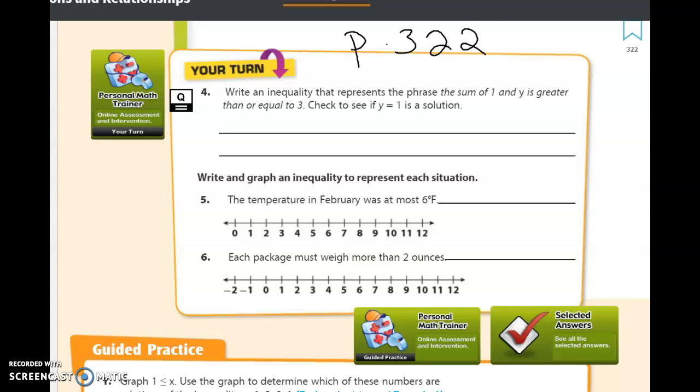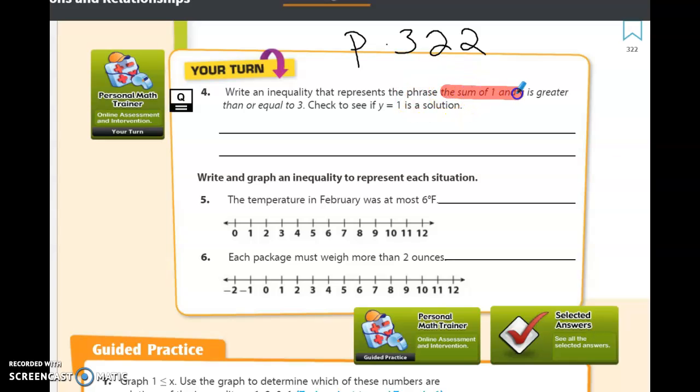All right, number 4 says, write an inequality that represents the phrase, the sum of 1 and y is greater than or equal to 3. Check to see if y equals 1 is a solution. The first thing we have to do is write our inequality. Again, it gives us that direction right here.